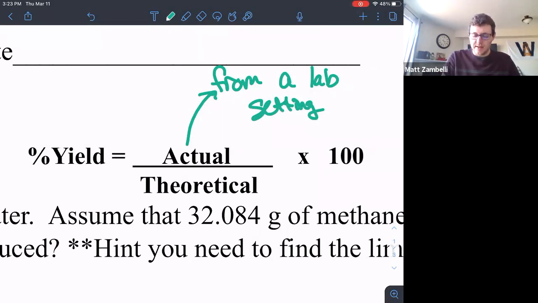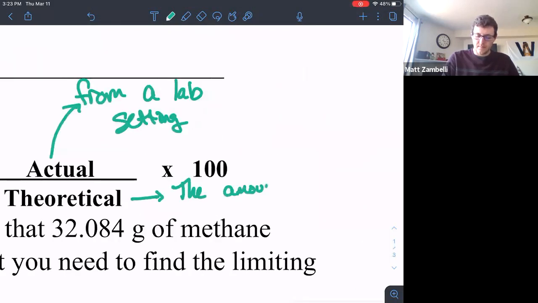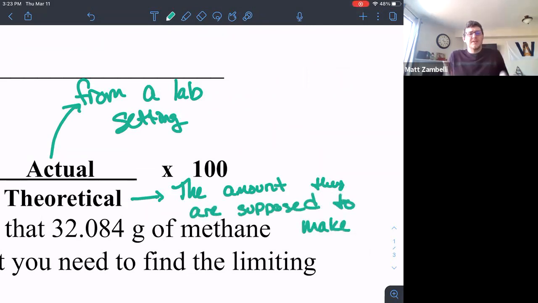Our theoretical yield is the amount they are supposed to make, based on the numbers you started with. That's when we do our stoichiometry to predict how much product we should have made versus how much you actually made. It's just actual divided by theoretical times 100, the same equation every single time. It never changes.